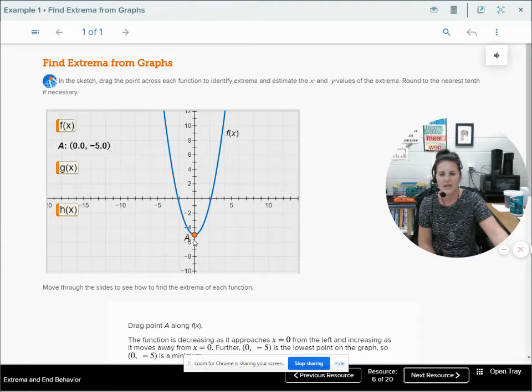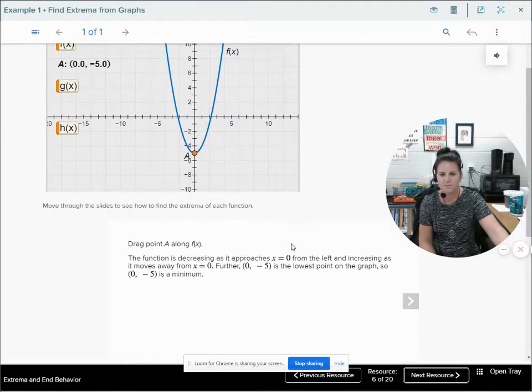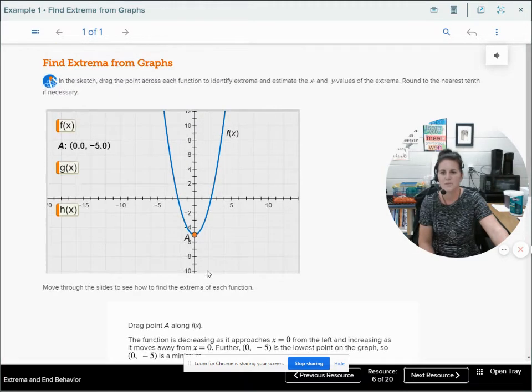It looks like when x is at 0, y is at -5. So that is the extrema of this function, which is exactly what it says here. Further, (0, -5) is the lowest point on the graph. So not only is it our extrema, it is our minimum value.